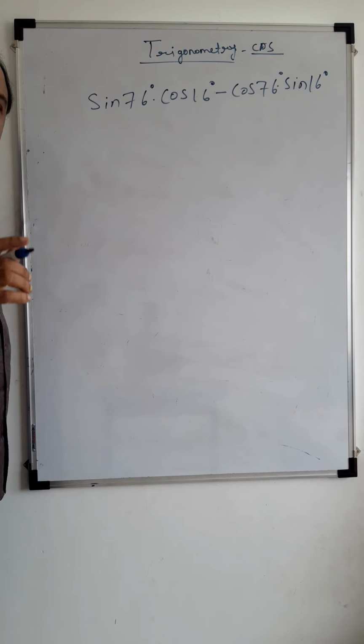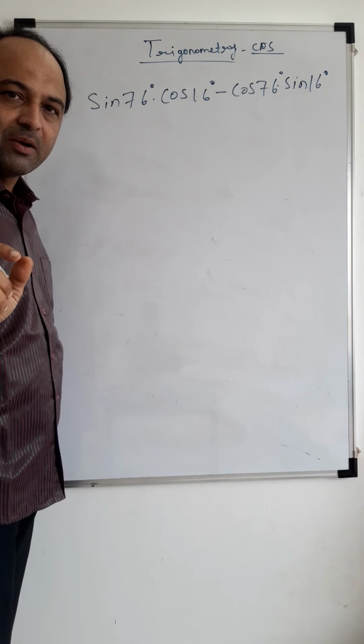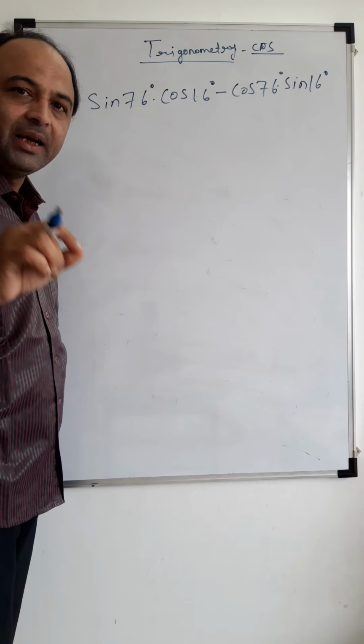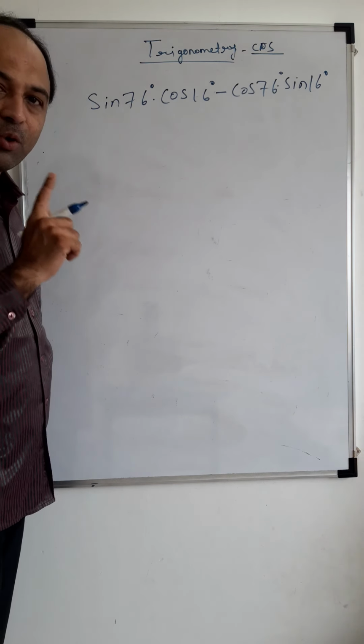Look at this. You don't know the values of 76 and 16 degree, correct? Because we know the standard values are for 30 degree, 45 degree, 90 degree and 60 degree. So these problems you can solve by the formula only.